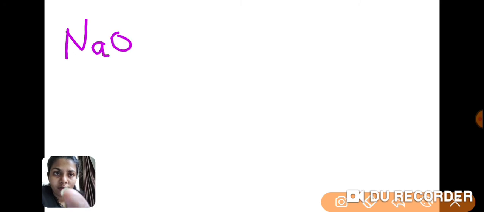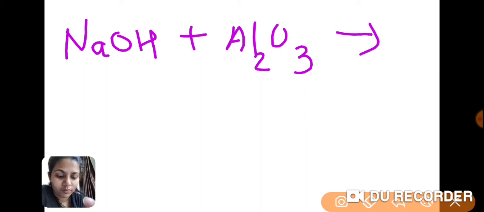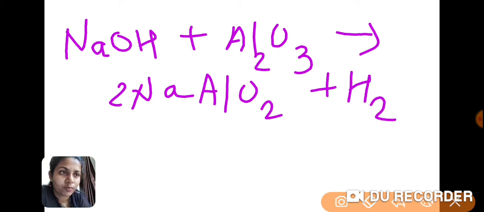If we write NaOH plus Al2O3 then reacts with, gives 2NaAlO2 plus H2O.